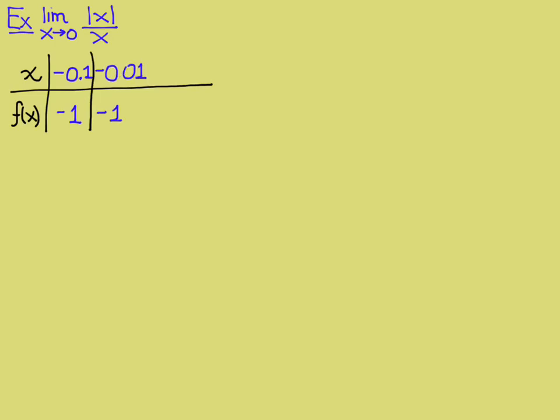We can try plugging in negative 0.01, and we get negative 1. We can try negative 0.001, and once again we get negative 1. So the limit as x goes to 0 from below of the absolute value of x over x is negative 1.